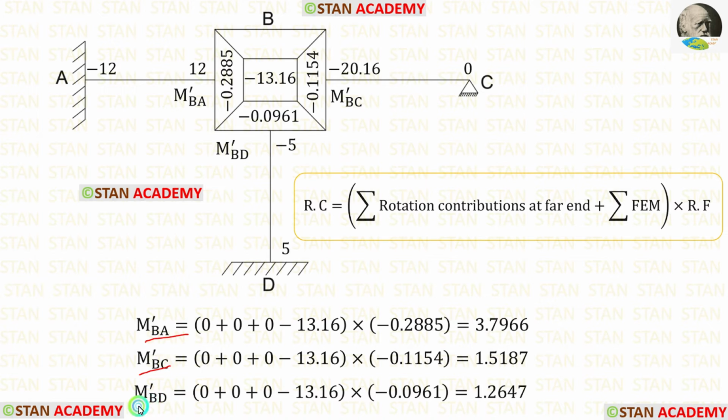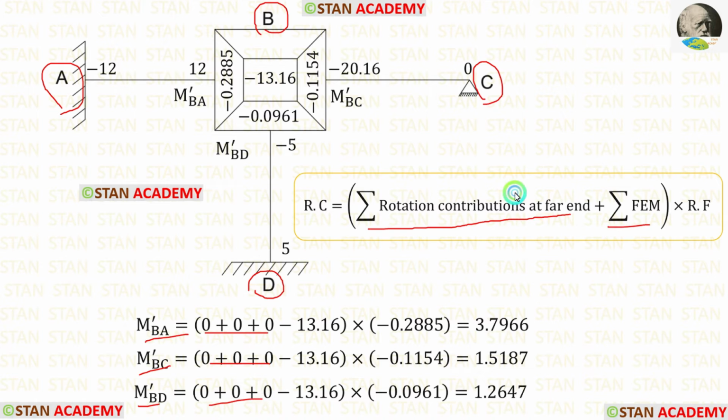M-BA, M-BC and M-BD are located in the point B. For the point B, the far ends are the point A, the point D and the point C. We know that in these 3 points, the rotation contribution is 0. So, for the summation of rotation contributions at a far end, we have 0 plus 0 plus 0. The summation of fixed end moments is minus 13.16.